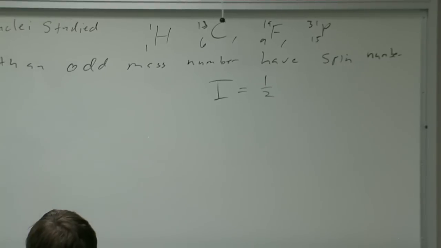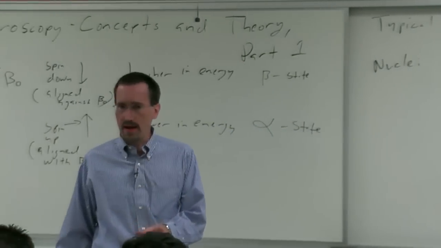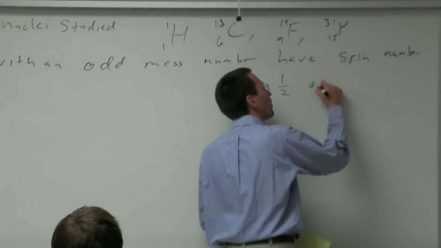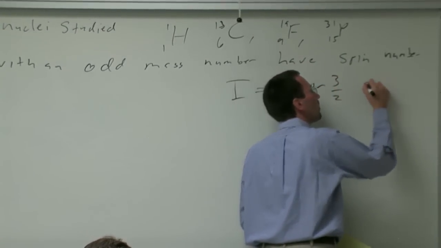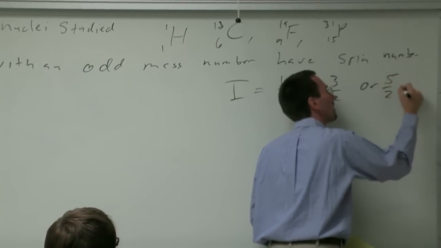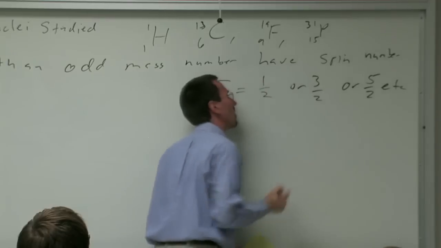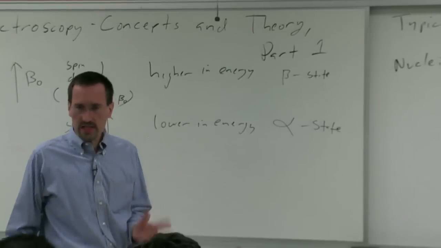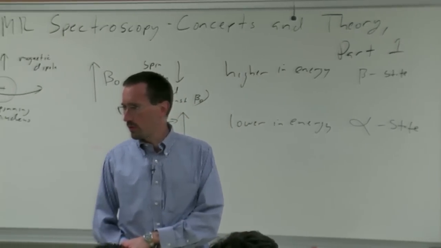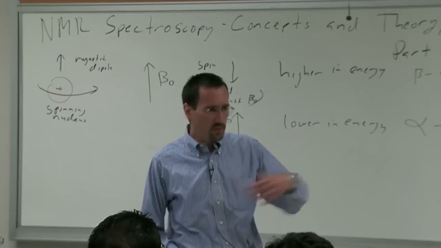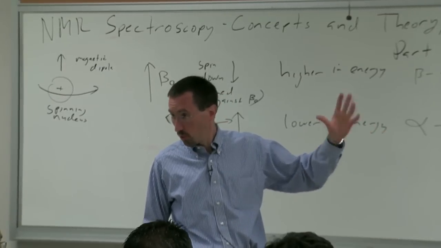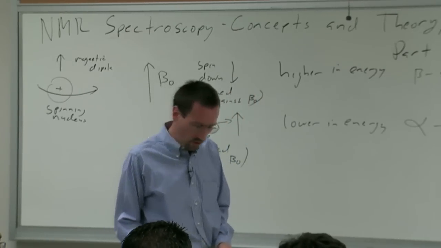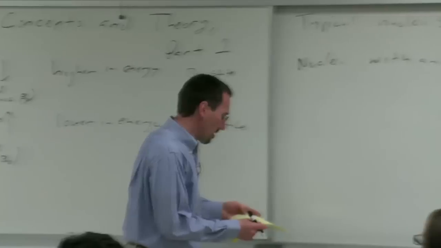But if we want to generalize more, nuclei with an odd mass number will have a spin number of 1/2 or 3/2 or 5/2, etc. So that's the more general idea. The ones with 1/2 are easy because they have what's called a nuclear dipole. If you have 3/2 or 5/2 or 1, as we'll see in just a moment, you have what's called the nuclear quadrupole, and then those tend to be harder.